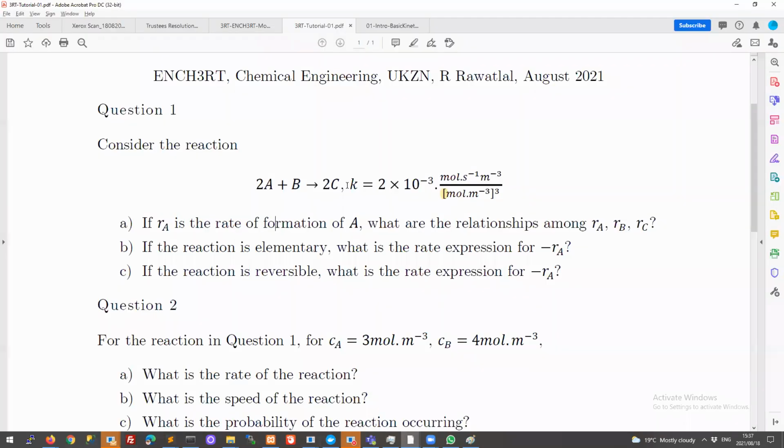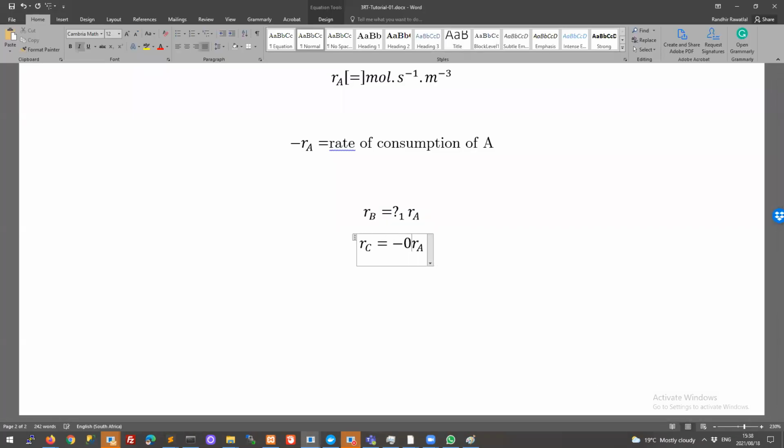However, the formation rate of C is equal to the consumption rate of A. So the formation of A is negative here, so we need to write it this way: minus RA, that's the rate of consumption of A, and RC is the rate of production of C.